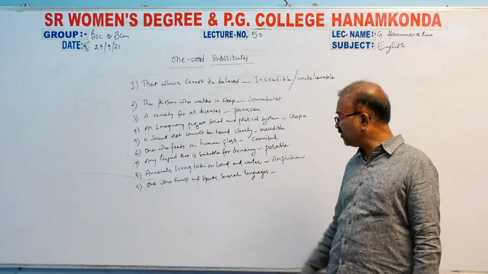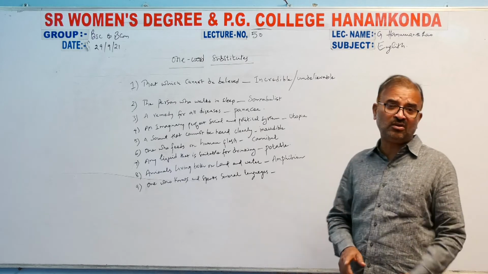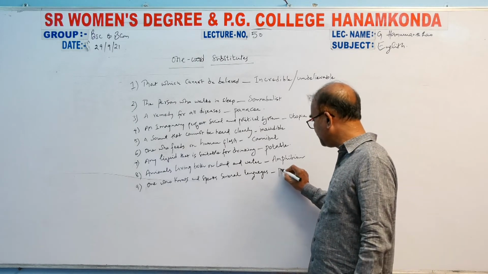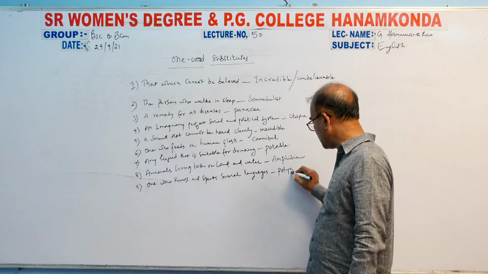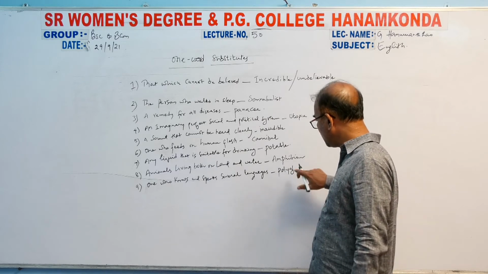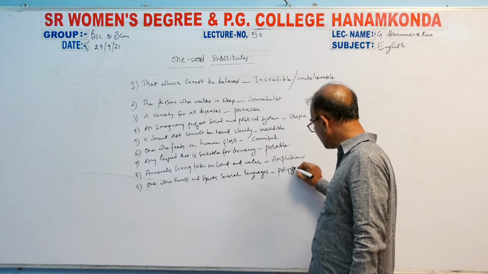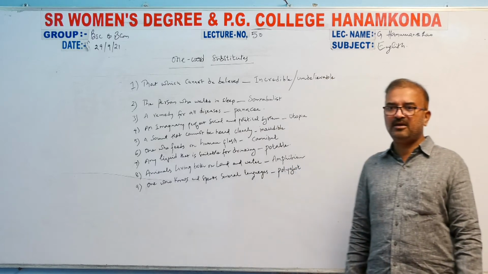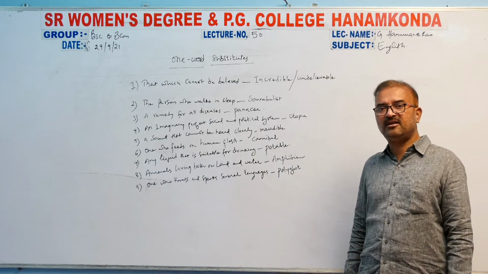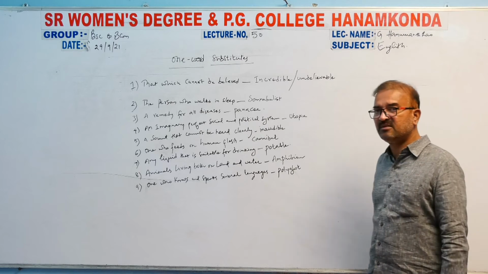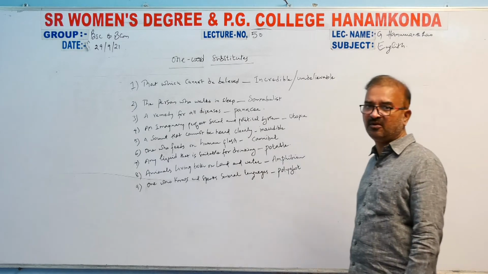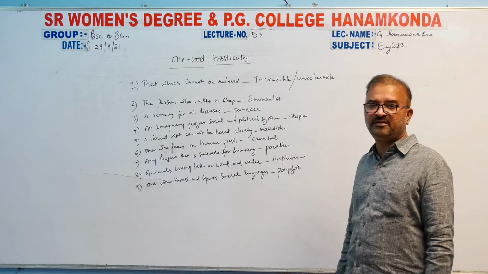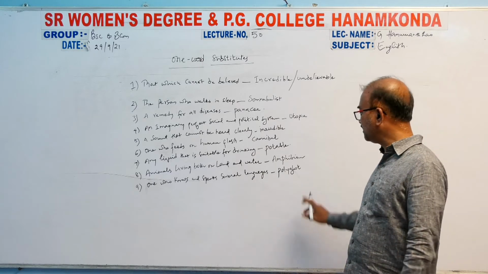So, one who knows and speaks several languages, a countable or countless number of languages, is called a polyglot. Polyglot, polyglot. So Mr. P.V. Narasimha, the Prime Minister of India, was a polyglot.